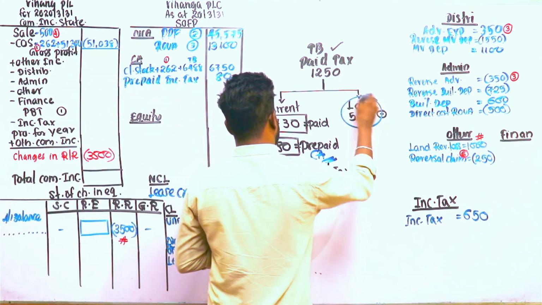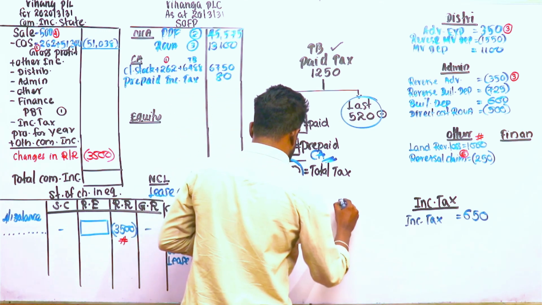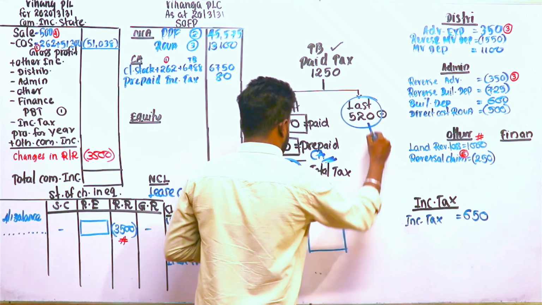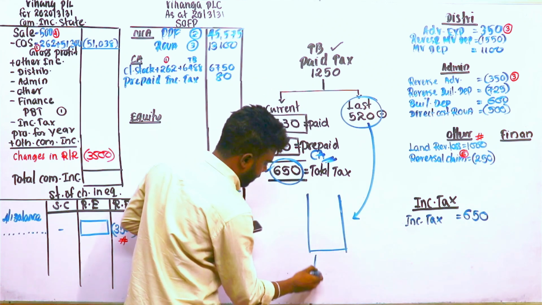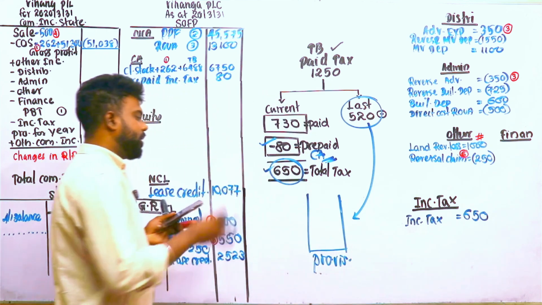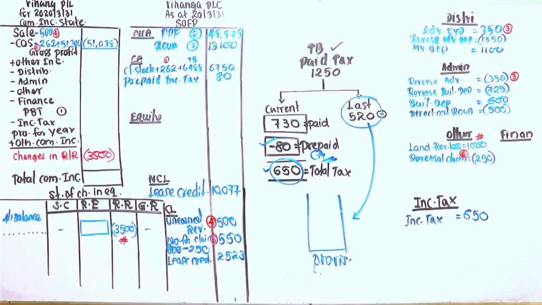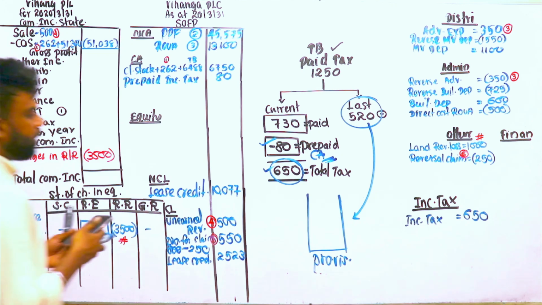Now for last year's paid tax, I will draw the box. Write provision for income tax here. Look at the trial balance: provision for income tax last year, at April 1st, was how much? 400, right?